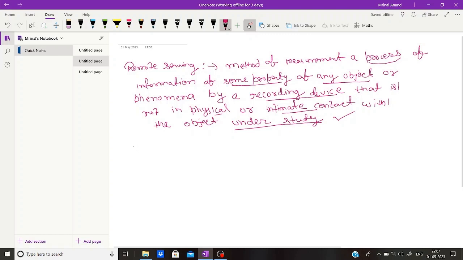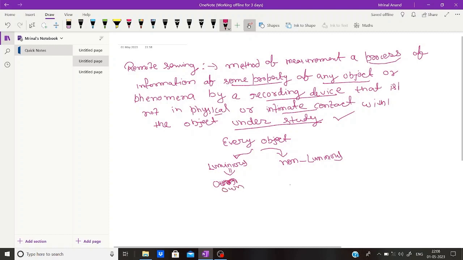Secondly, when we talk about remote sensing, we have to understand that every object can be of two types. Either it will be a luminous object, or it can be a non-luminous object. If the object is luminous, then it has its own light.